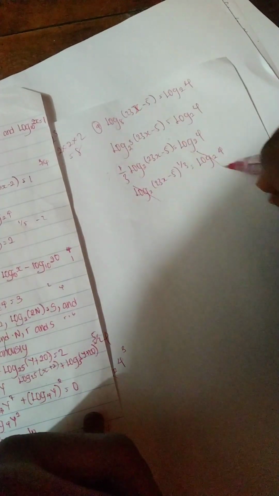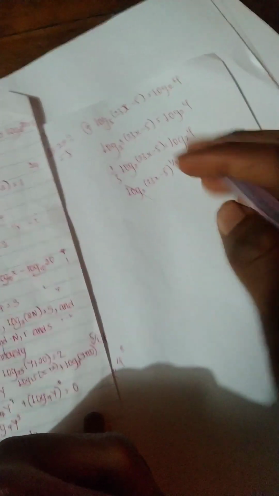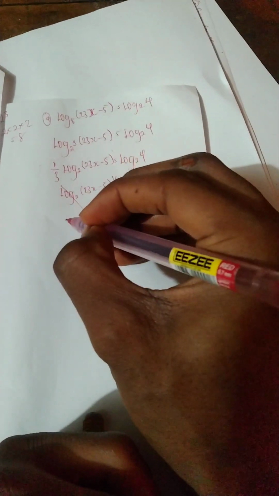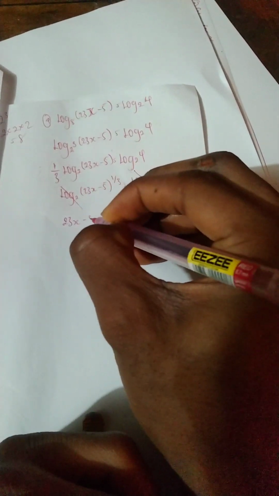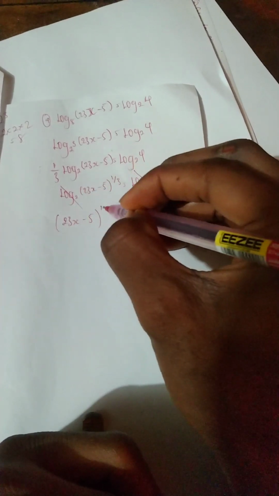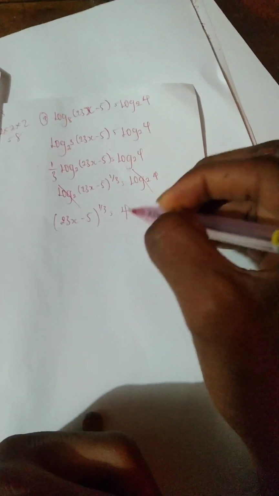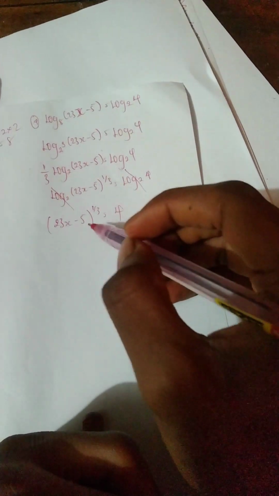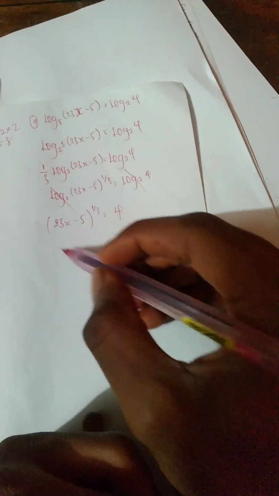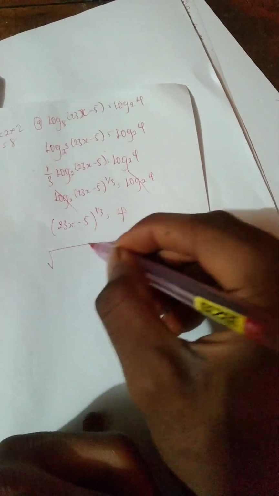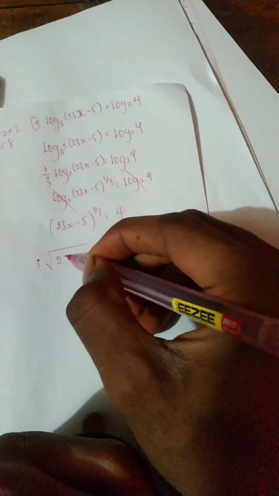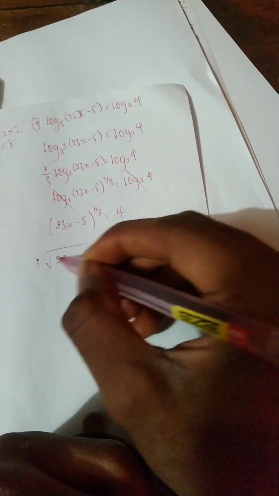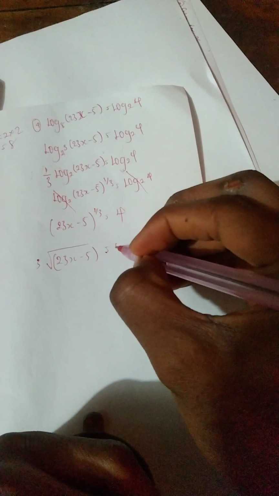We can cancel this out successfully, leaving us with 23x minus 5 bracket raised to 1 over 3 is equals to 4. Our log base 2 has been cancelled out. This power of 1 over 3 can be written as the cube root of 23x minus 5, due to the laws of indices.